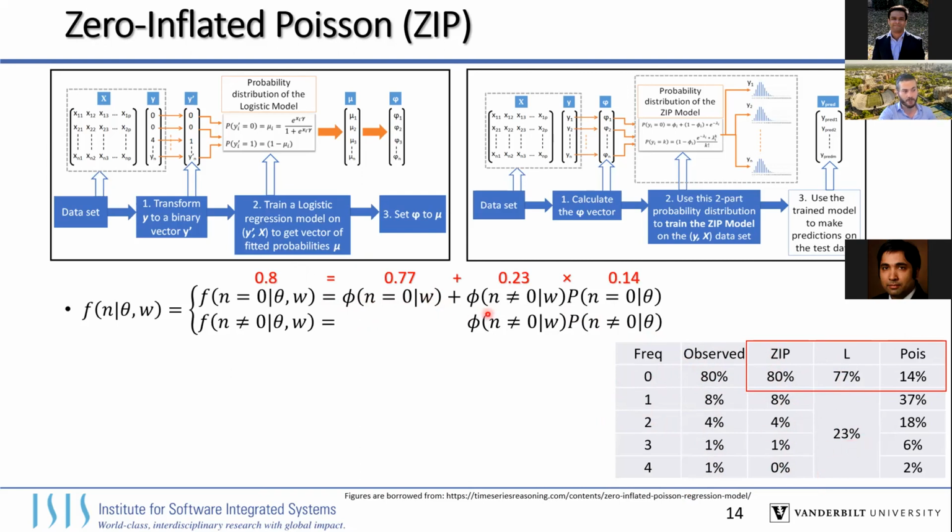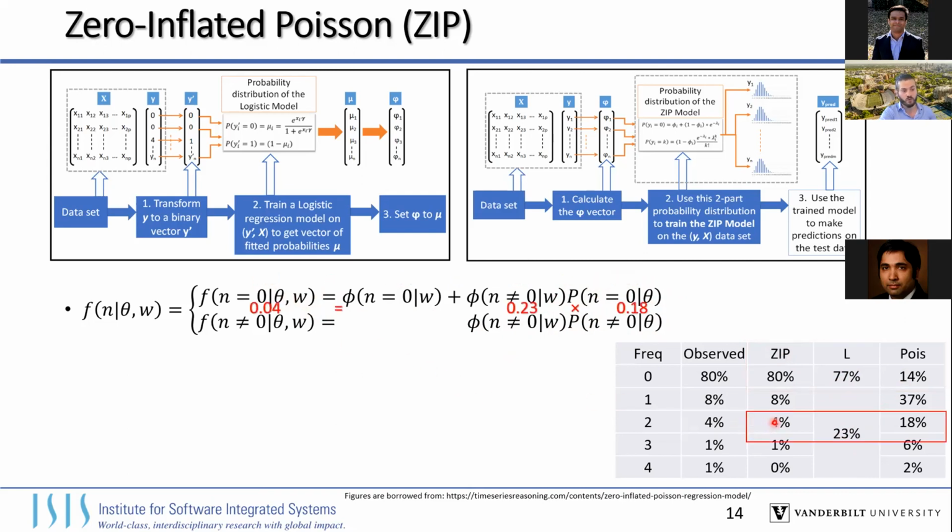And in that 23% that you can see here, which the logistic regression is telling us is class 1 or class not 0, from that, then we can use the Poisson, and the Poisson model is telling us 14% of the time, it can be 0. So the summation of 77% and 1 minus 77% times 14%, it's going to give us this 80%.